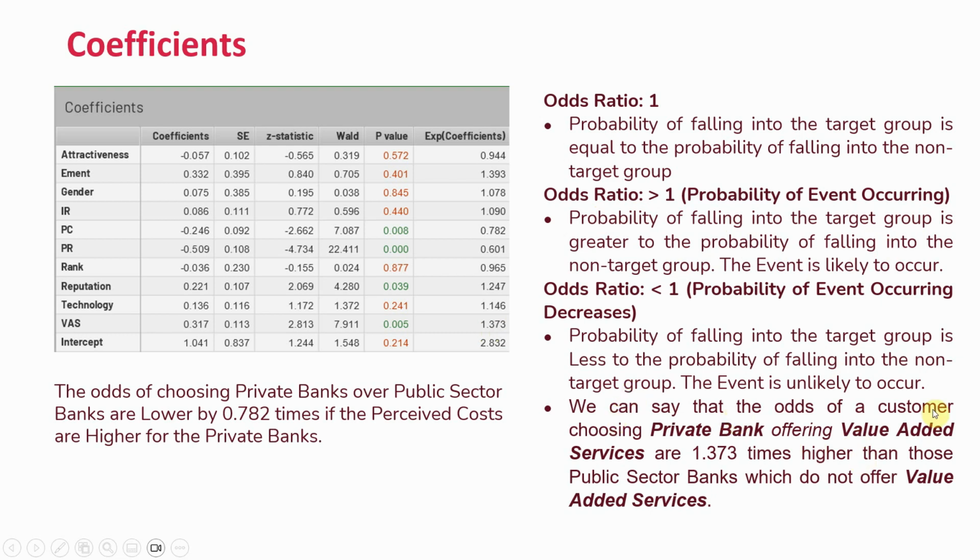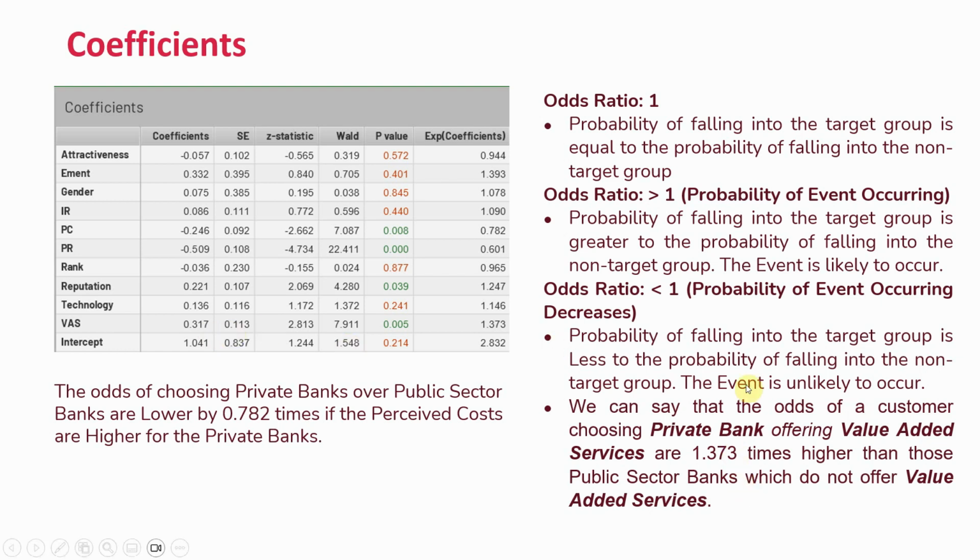We can say the odds of a customer choosing private bank offering value-added services are 1.373 times higher than those public sector banks which do not offer value-added services. Now, those that offer value-added services have a higher probability of getting those respondents into their fold or to open an account in the private sector banks. By how much times? 1.373 times higher.